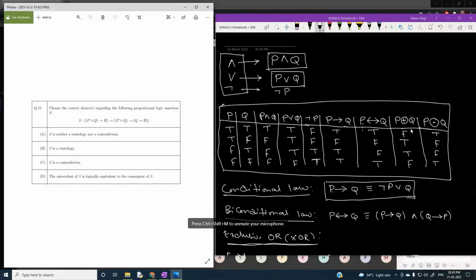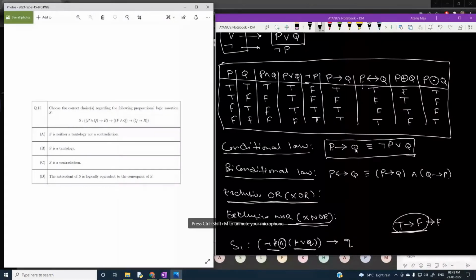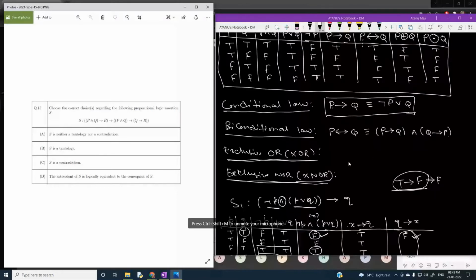So I have just discussed that thing. Okay, so you can take note of these kinds of things, like these truth table formulas, these conditional laws, this biconditional law, or exclusive OR, exclusive NOR. You know this kind of thing in logic design also. You have done this kind of thing, right?